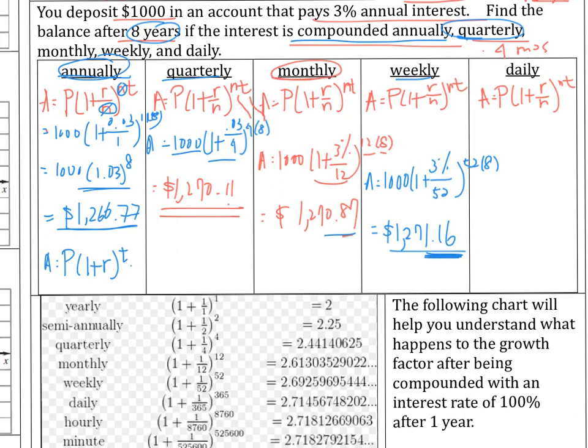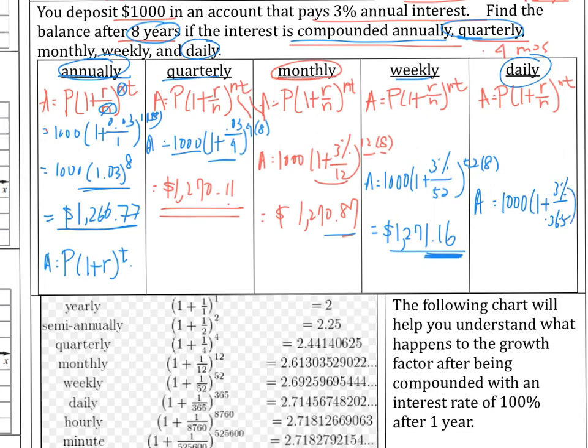And if you were to compound the amount of deposit daily, you'll definitely earn a little bit more. So again, I would take the principal of $1,000 and add this to the growth factor, 1 plus 3% over 365, because there's 365 days in a year.